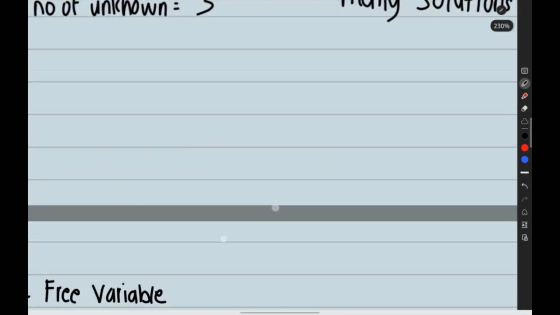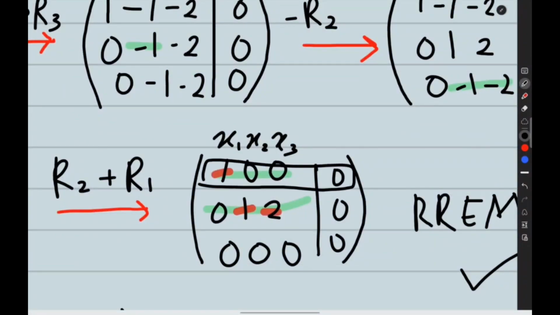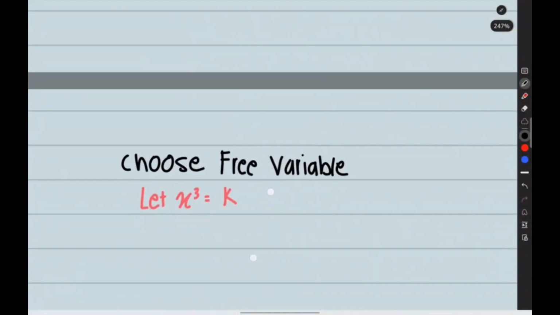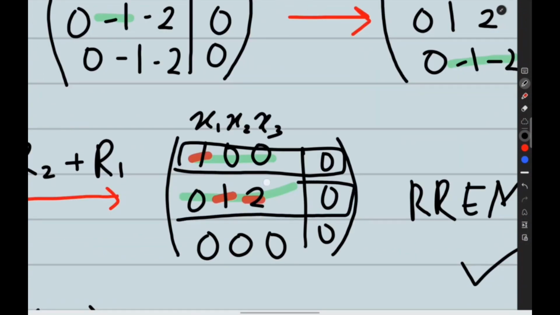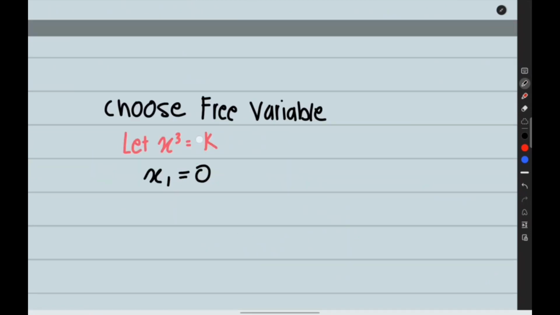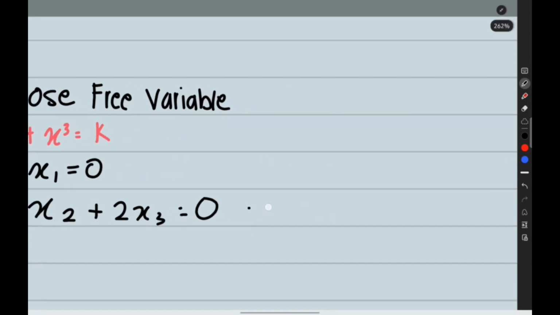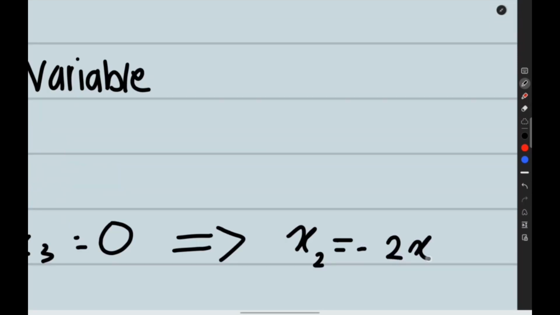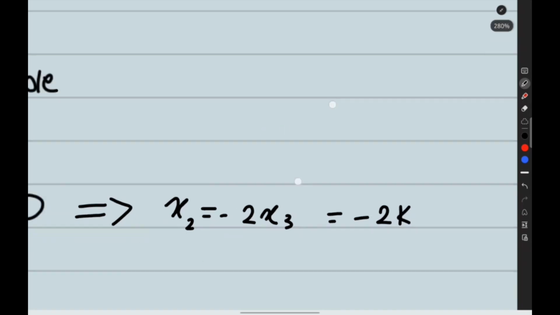We just see that x1 is equal to 0, and for x2 we get x2 plus 2x3 equal to 0. Then we can find x2, which is negative 2x3, equal to negative 2k.